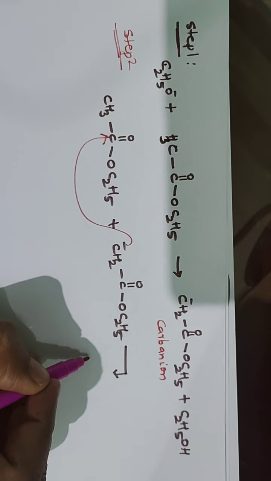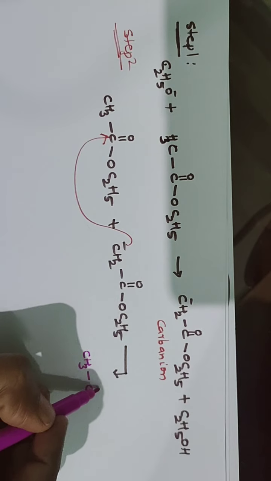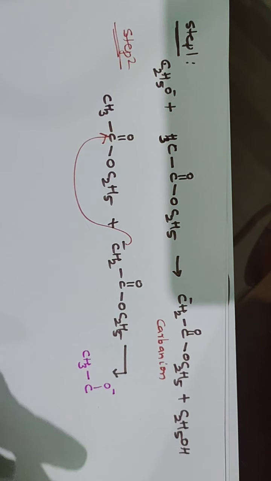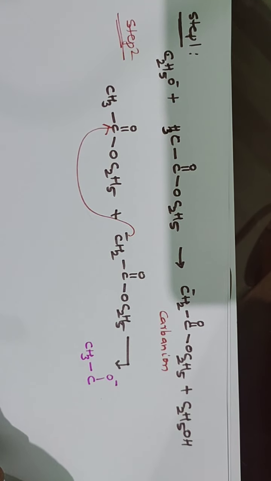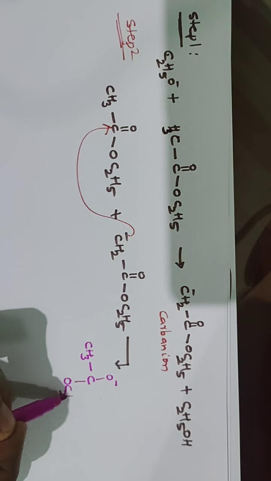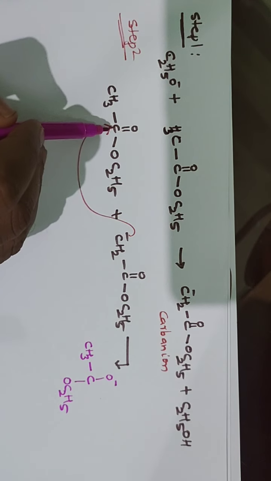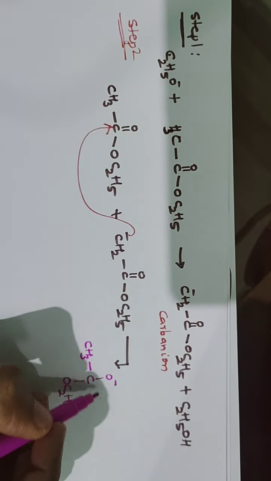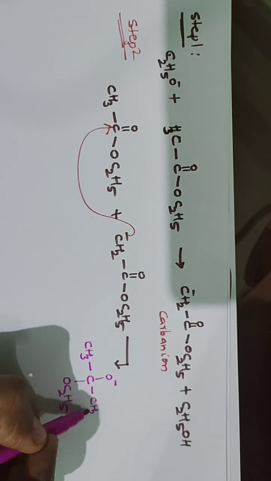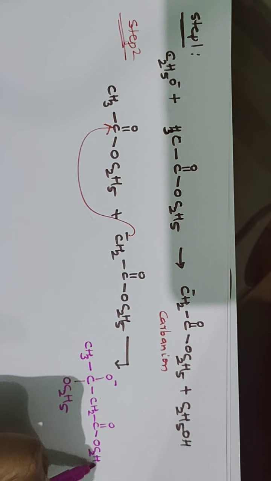So what you get is CH3C with O minus, OC2H5, and this CH2 minus attacks, so it is CH2C=O OC2H5.